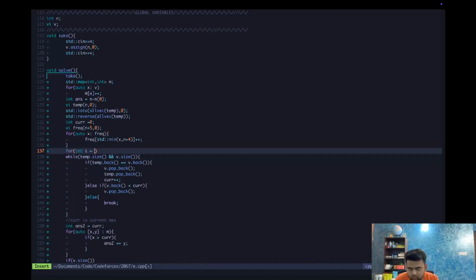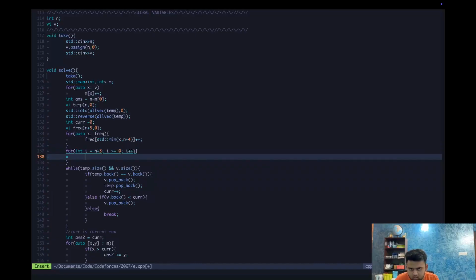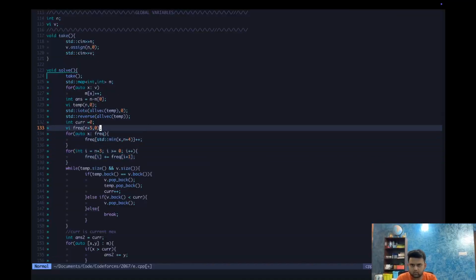For int i equals n plus 3 and getting 0, i plus plus, freq of i plus equal to freq of i plus 1.